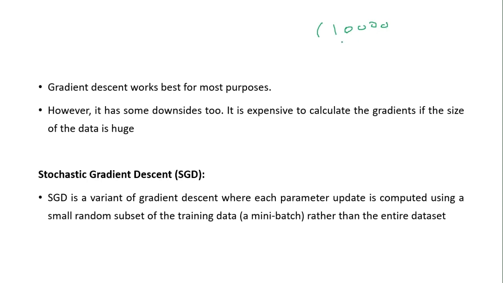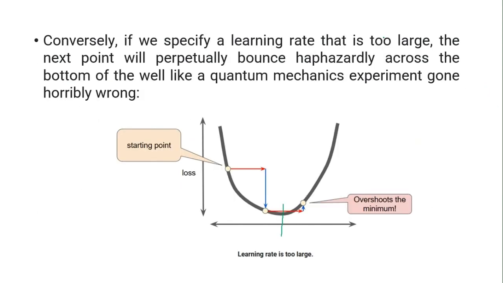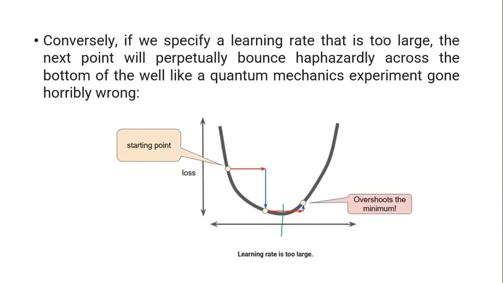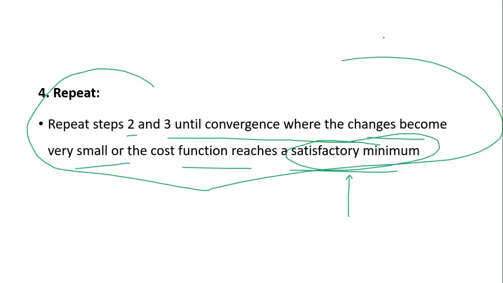Taking each sample one by one and calculating the minimum value requires more time. If there are 10,000 samples, this process takes more time to compute, isn't it? Because we have to repeat step number 2 and 3 until the convergence happens. So that is actually time consuming.